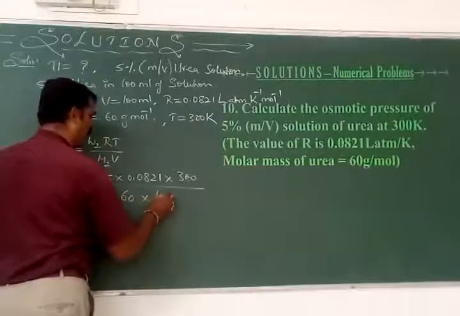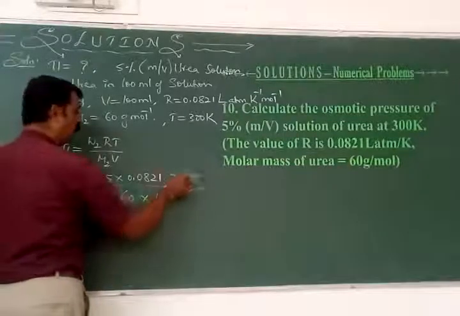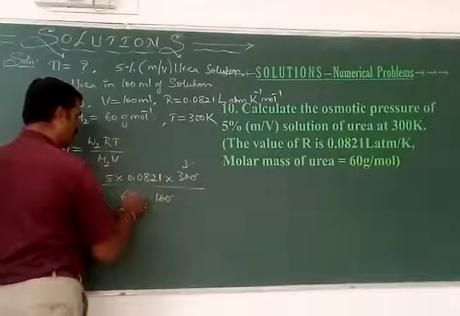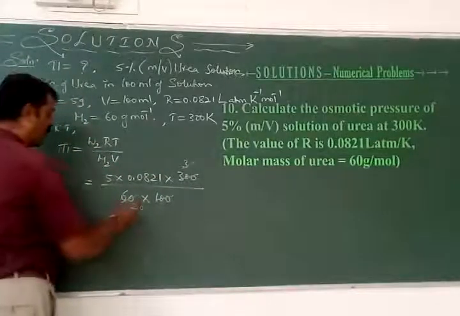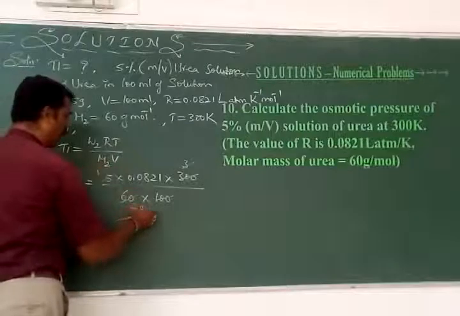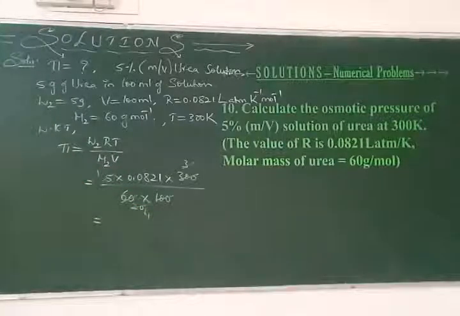It is going to be 100. Okay. So upon simplification, 3 ones are 3, 3 twenties are 60, 5 ones are 5, 5 fours are 20. That is equal to 0.02 something I think.